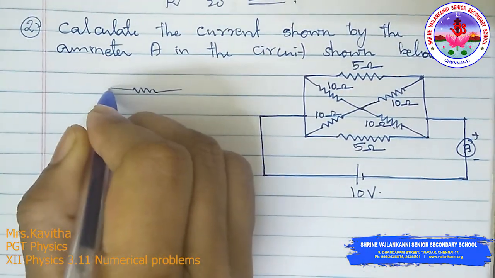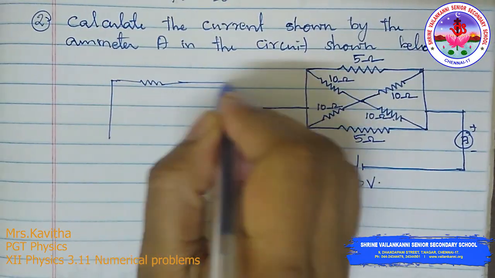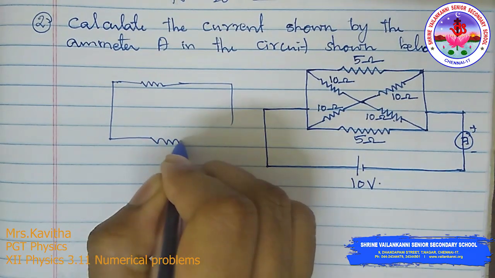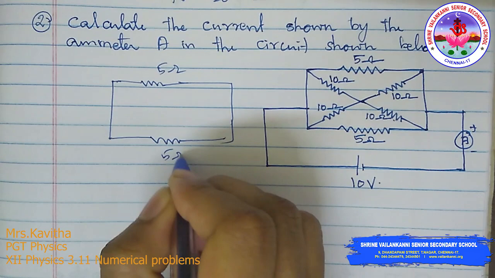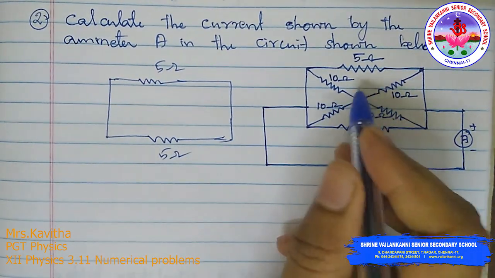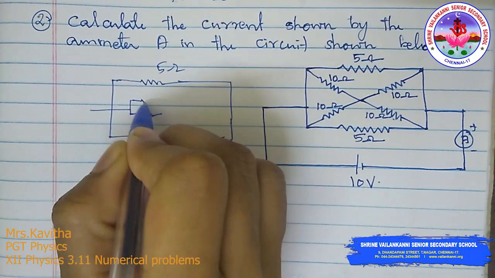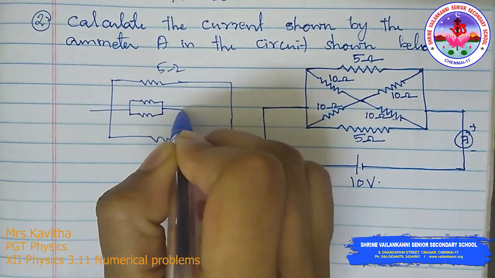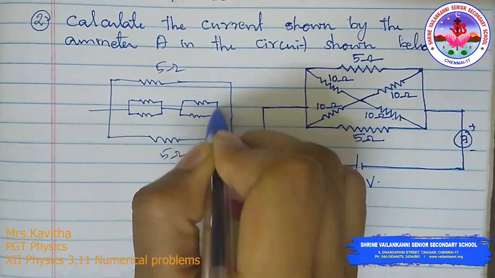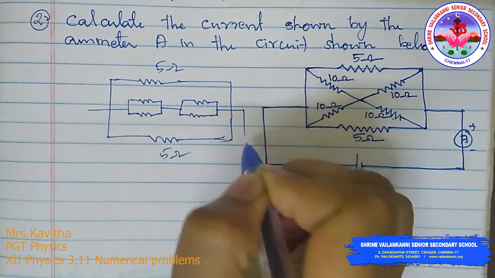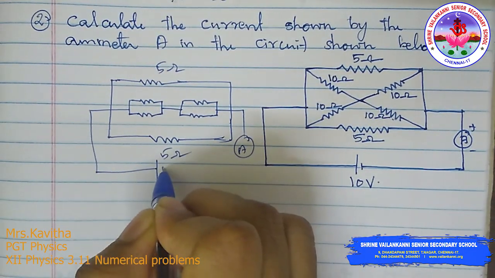So this is 5 ohm, and it is connected with another 5 ohm resistor, and these resistors are connected in parallel. Like 2 10 ohm resistors which are connected, and another 2 resistors which are connected in the circuit. This is connected with the ammeter. So we can rearrange this.